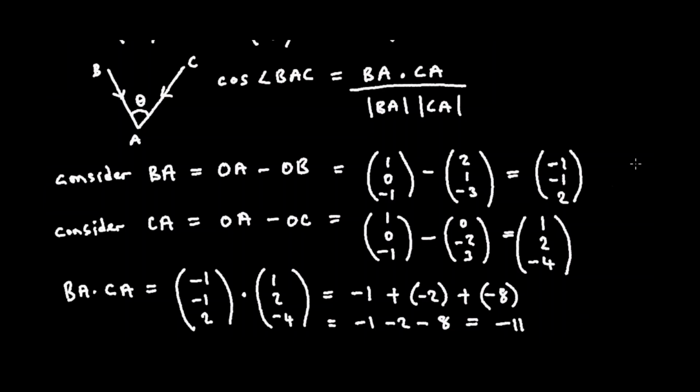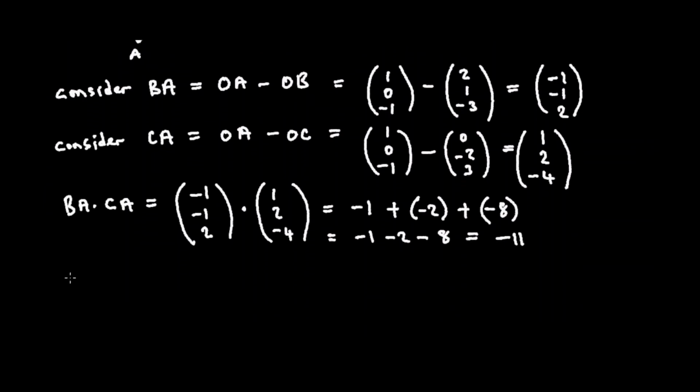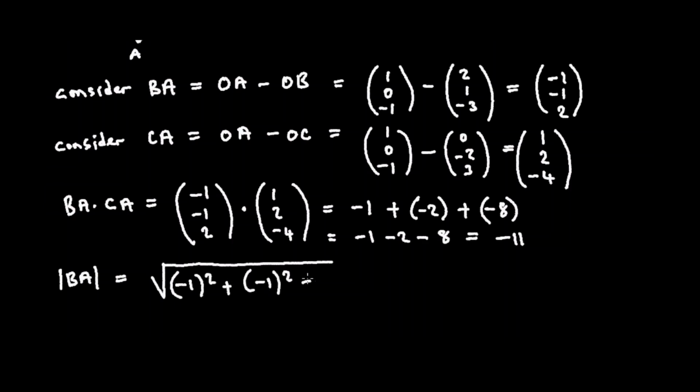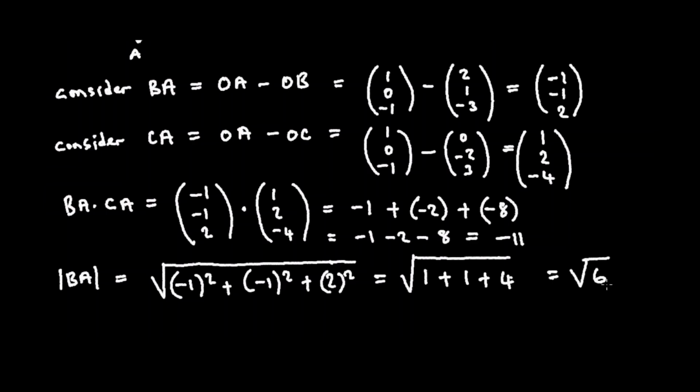That is our BA dot CA. Then we want to know the size of BA, which is equal to the square root of (-1) squared plus (-1) squared plus 2 squared, which is 1 plus 1 plus 4, that's 6, so it's root 6.